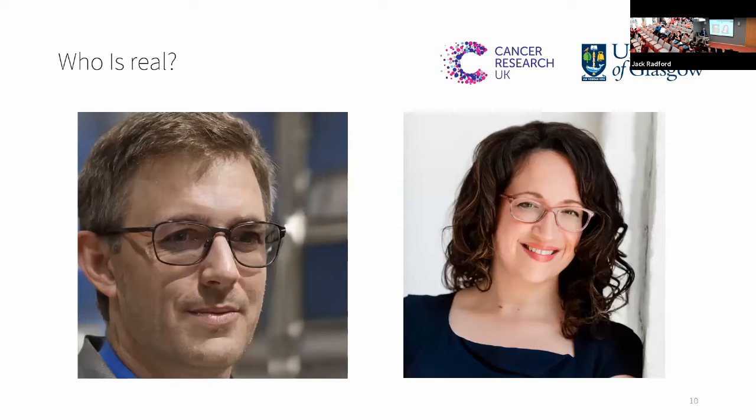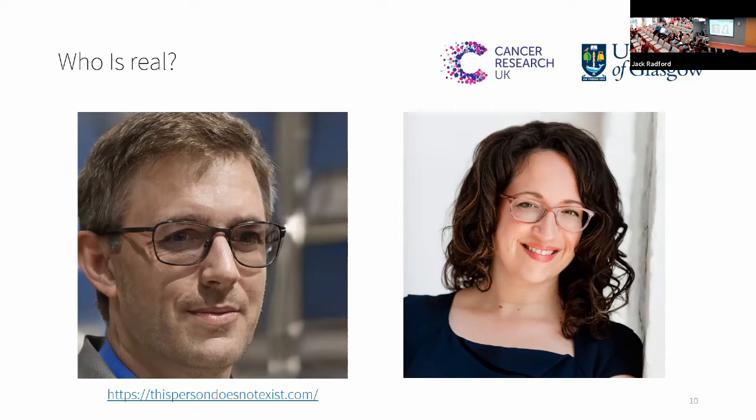So just to show you how powerful they've gotten, in case you haven't seen any of these deep fake things, have a look at these two images and see if you can tell which of these people is real and which is a generated one. I'll give you a second or two to try and guess before I reveal the answer, but it turns out that this person here never existed.